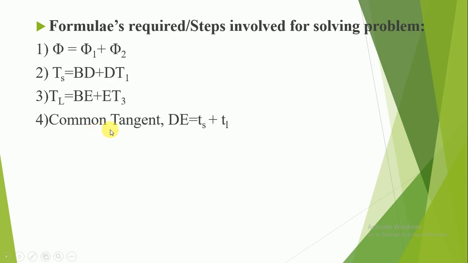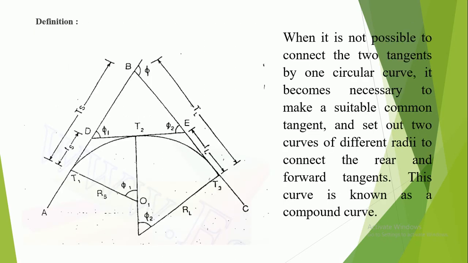Next, the common tangent is the tangent length of the shorter curve plus the tangent length of the longer curve, that is the summation of DT2 and ET2.